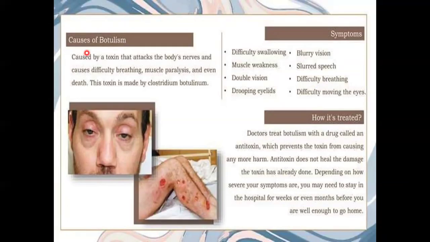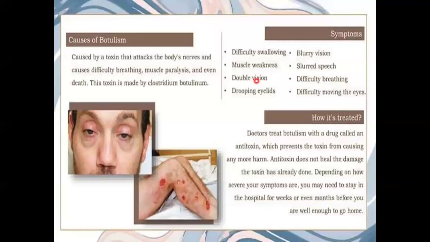Then in adults, if you consume food that has the preformed toxin for botulism, let's say, for example, in canned food such as pineapples, beans, you're going to get these symptoms.